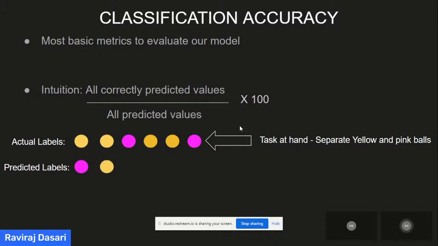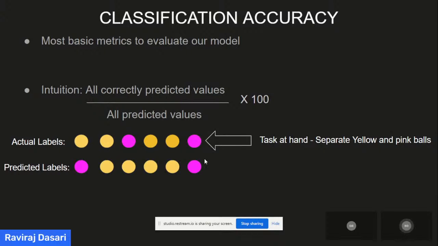The second one is yellow, and the model predicted yellow. Like that, for each sample it gives some prediction. Here you can see how many are correct and how many are wrong. There are 4 data points where the model predicted correctly, and for one yellow it predicted pink, and for one pink it predicted yellow.